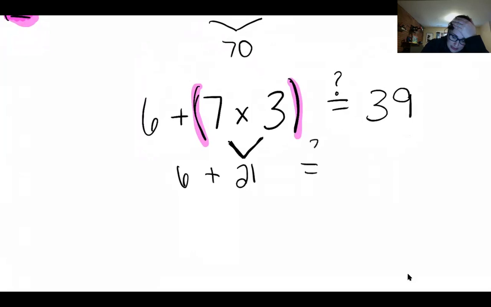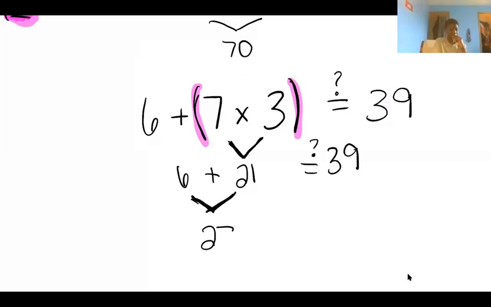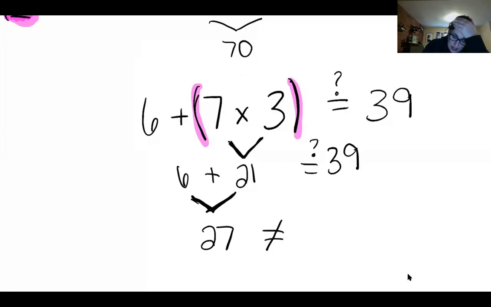Does that equal 39? 6 plus 21 is 27. So that does not equal 39. This symbol means not equal to. Okay, so that didn't work.